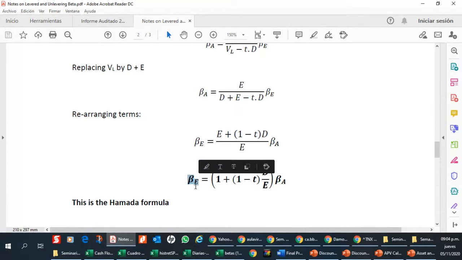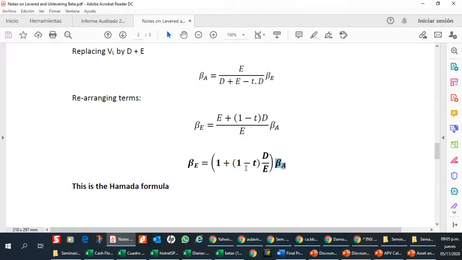This is the typical Hamada's formula. The beta of equity, the beta for a company with leverage, is going to be the beta of a company without leverage, multiplied times 1 plus (1 minus T) times debt over equity. The leverage portion.